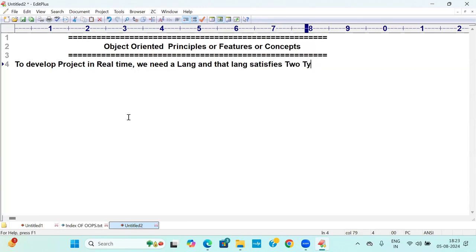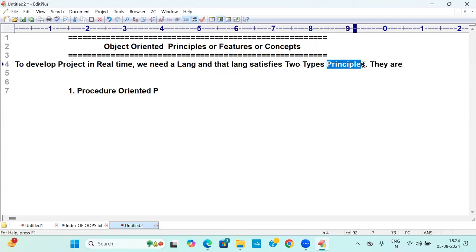Actually, before object-oriented principles came, there was only one system of principles in the software field. Two types of principles. What are those two types? Now I am writing. The first one is procedure-oriented principles.